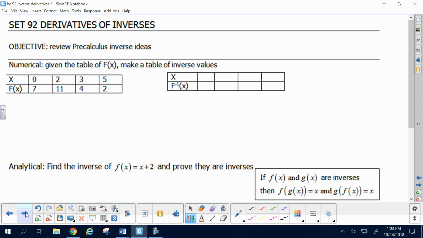Before I get to the calculus of inverses, let's review the pre-calculus of inverses. If I gave you this table of x and f, complete the table of x and inverse f.